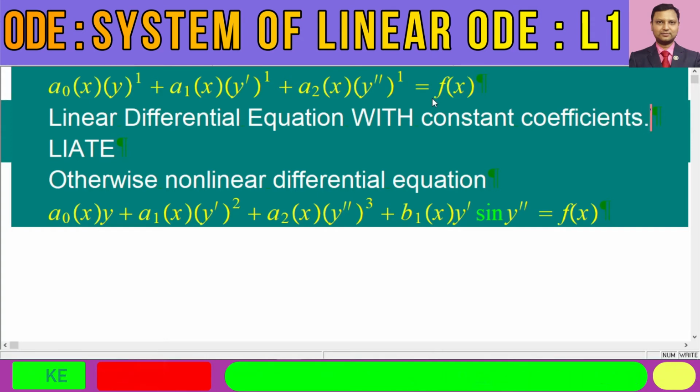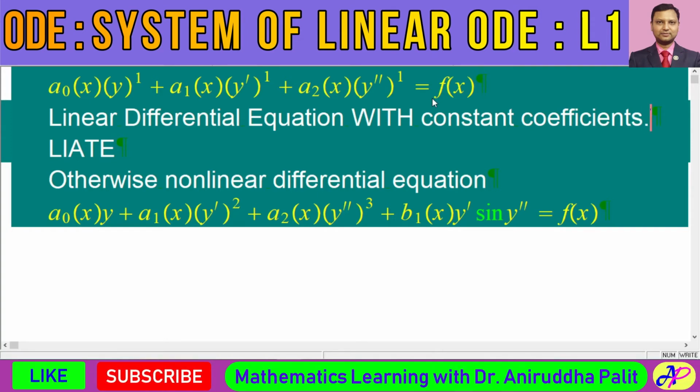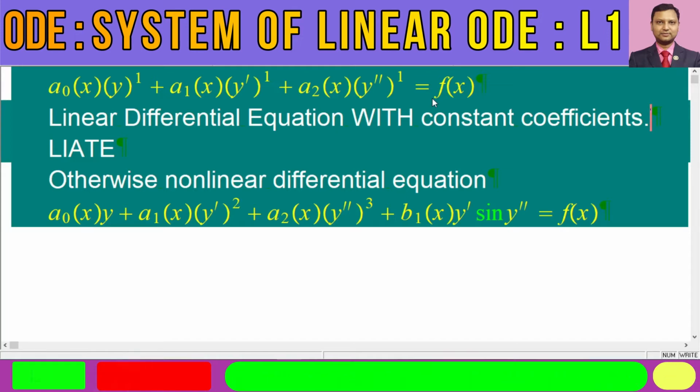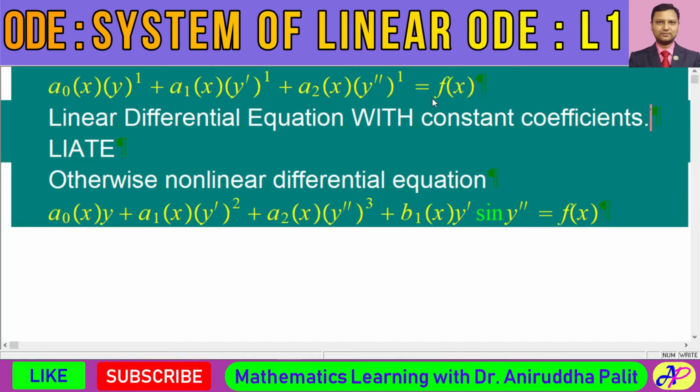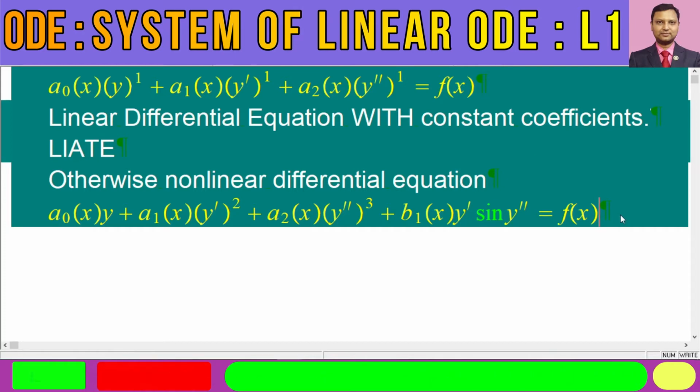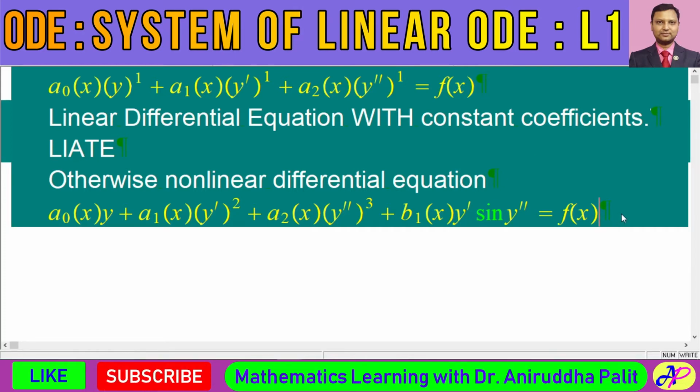So you will encounter this kind of differential equation in future: linear differential equations with constant coefficients. Okay. Now let's continue our discussion with simultaneous linear differential equations, or particularly, as per the syllabus, systems of linear differential equations.